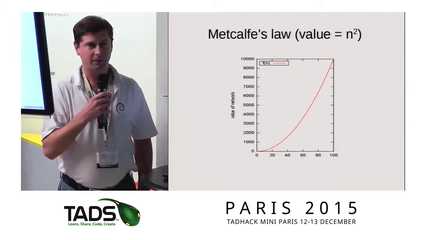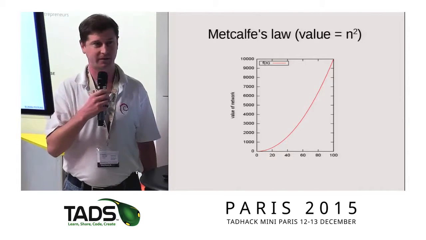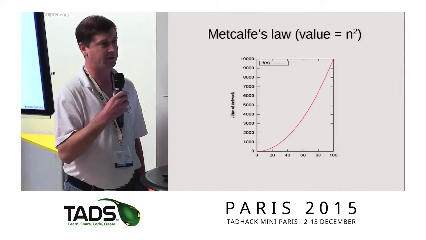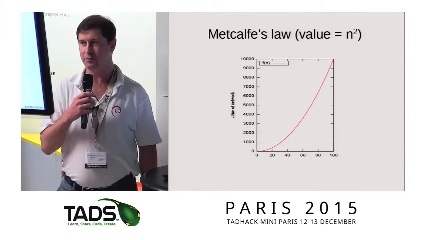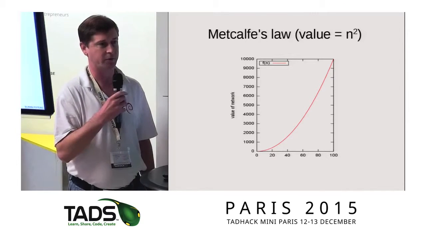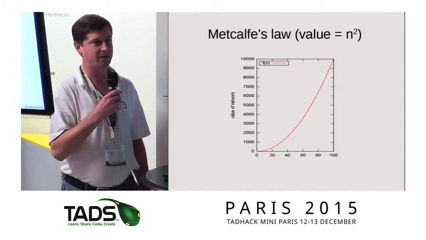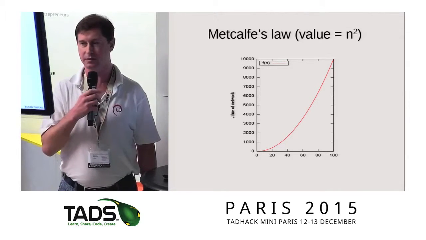Is anyone familiar with Metcalfe's law? Metcalfe said that the value of a telecommunications network is proportional to the square of the number of users. So if you've got 10 users, then the value of that network is 10 squared, which is 100.